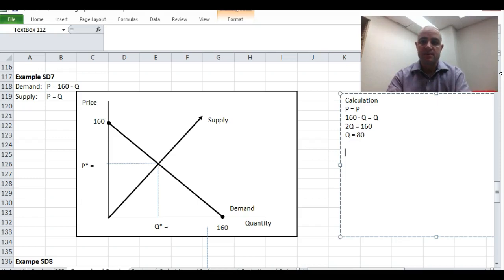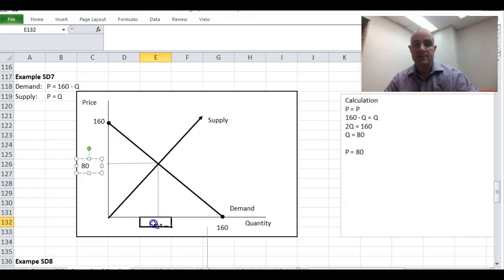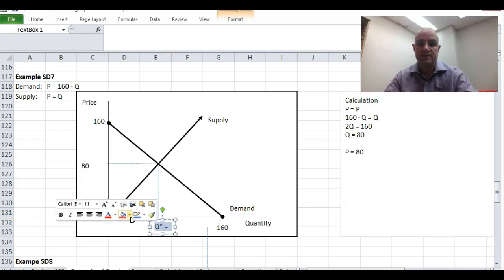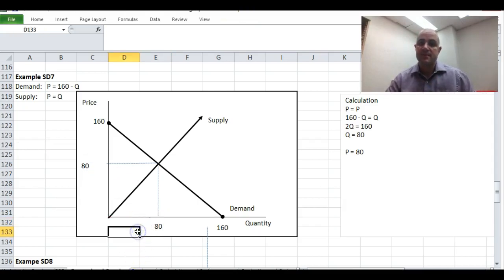If we plug that into the price for either demand or supply, you're going to get 80. So the equilibrium price is 80, and the equilibrium quantity is also 80.